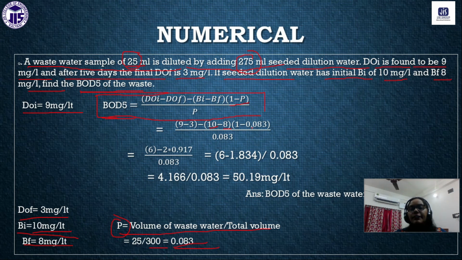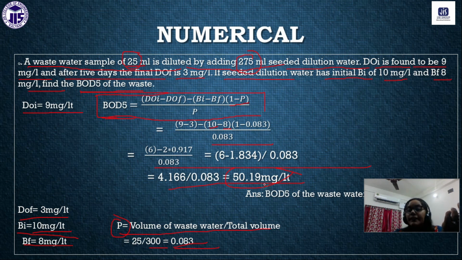So 1 minus 0.083, divided by P, again 0.083. If you solve this, it is a very easy problem, all the data are given, you only have to put in the data. In this problem you only have to check which equation to use: the simple BOD test equation or the modified BOD test equation.